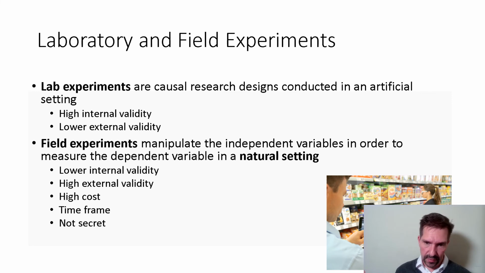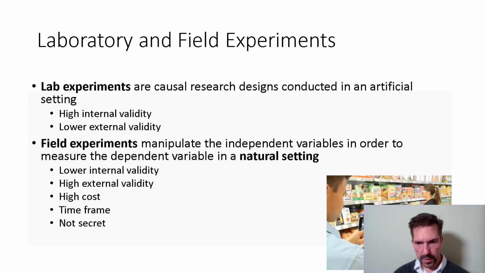However, the downside of a laboratory setting is that customers might not feel at ease, or they might not behave in the exact same way as they would in the wild, let's say. So because of that, the generalization from the lab to the real world scenario might not always be warranted, right? So what we gain in internal validity, we're going to, to some degree, lose in external validity.